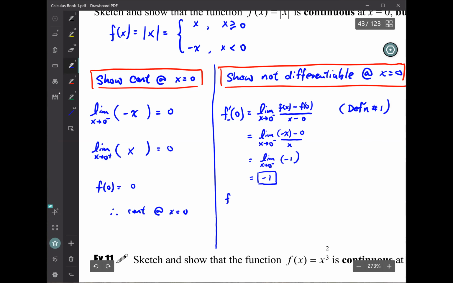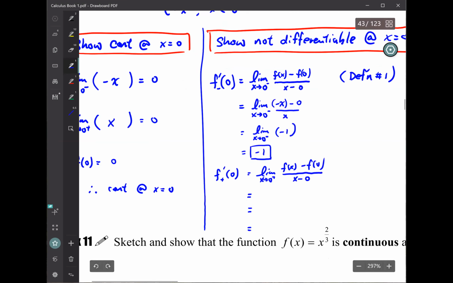Now, the next one is going from the right side. So limit x approaching 0 from the right, same definition. I'll let you carry on the next couple steps by yourself. Please raise your hand if you get an answer.